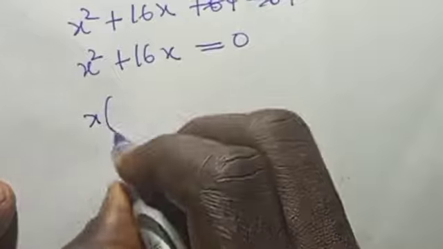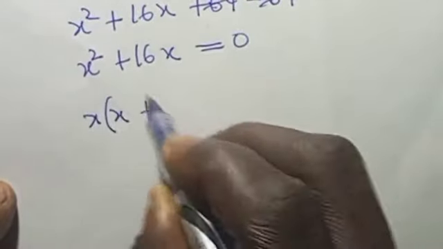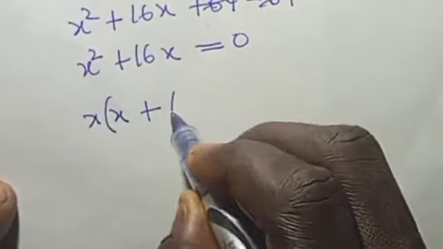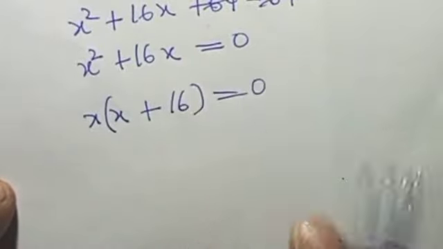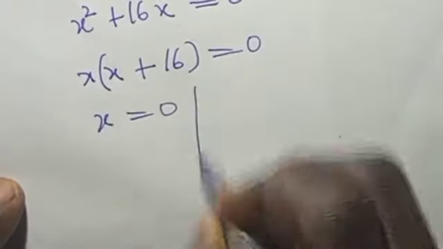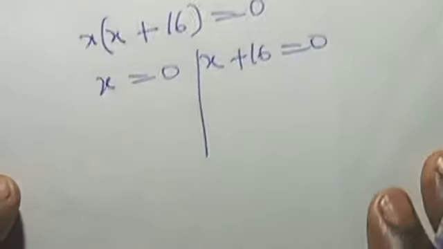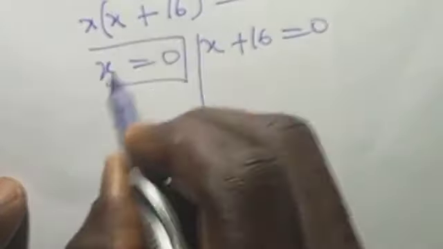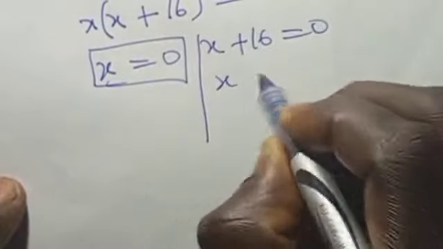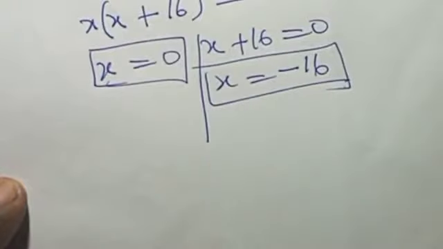If we bring out x, x^2 divided by x will be left with x, plus 16x divided by x, that is 16, equals 0. And here we can have x equal to 0, or x + 16 = 0. And this is our first value, and x here will be -16 as the second value.